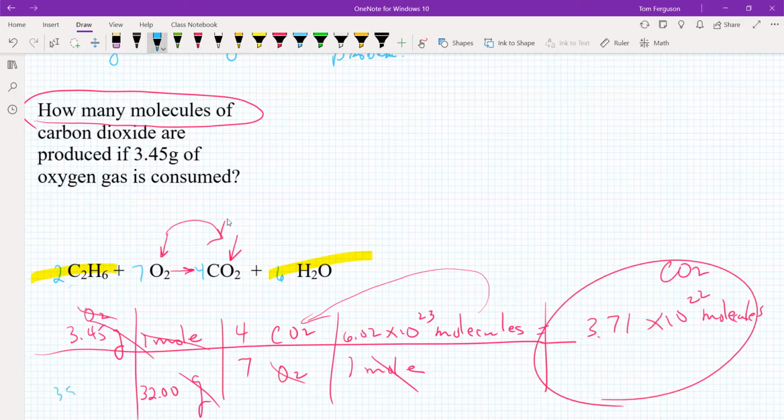Okay, so 3 sig figs, 4 sig figs, infinite sig figs, 3 sig figs. Our answer is going to be 3 sig figs.